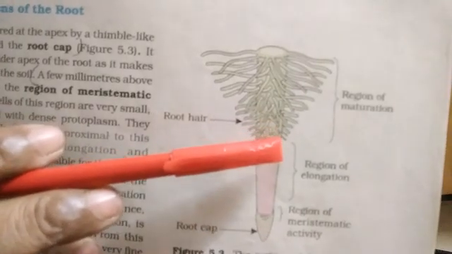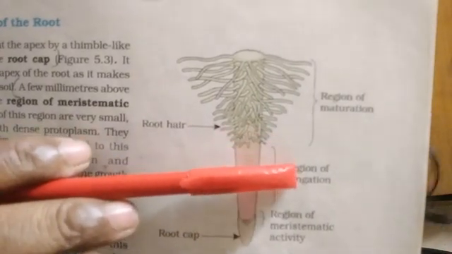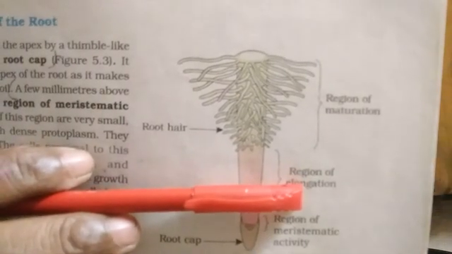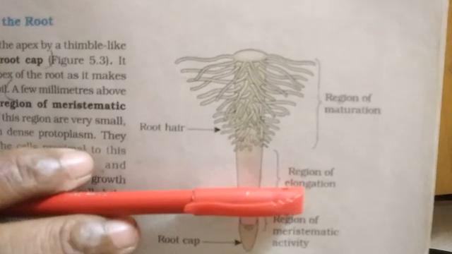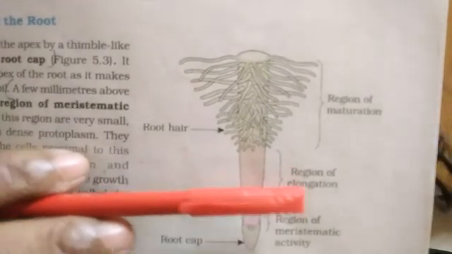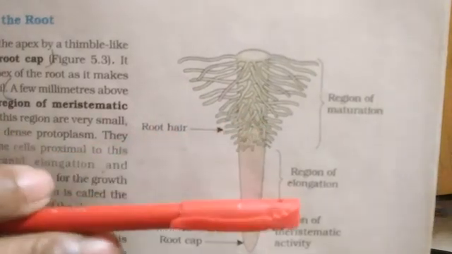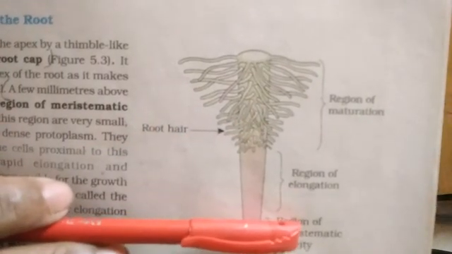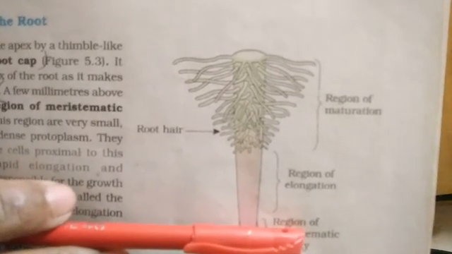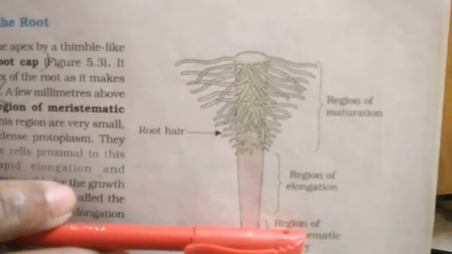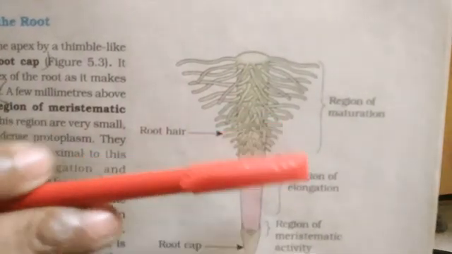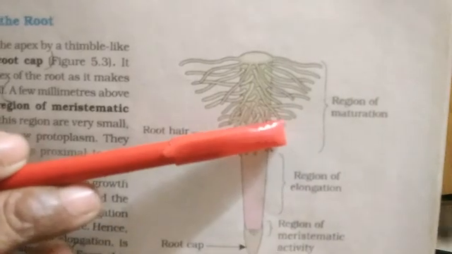It not only absorbs water, it also absorbs a lot of minerals, like iron, copper, and magnesium. How are these minerals absorbed? They are absorbed in the form of salts, like sodium chloride. So when water is absorbed by the roots, they also absorb minerals along with it.